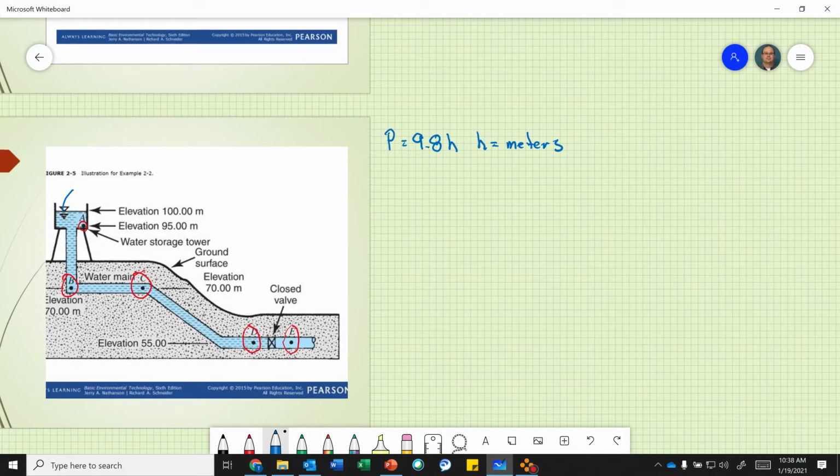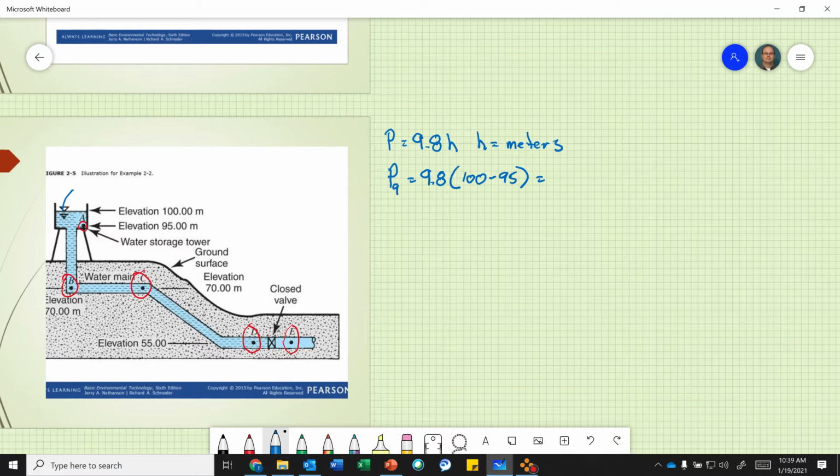So the pressure at A equals 9.8 times, okay, the water surface is at elevation 100 meters, and point A is at 95 meters. This is an elevation, not a height, don't get those confused. So 100 minus 95, and that'll give us our pressure.